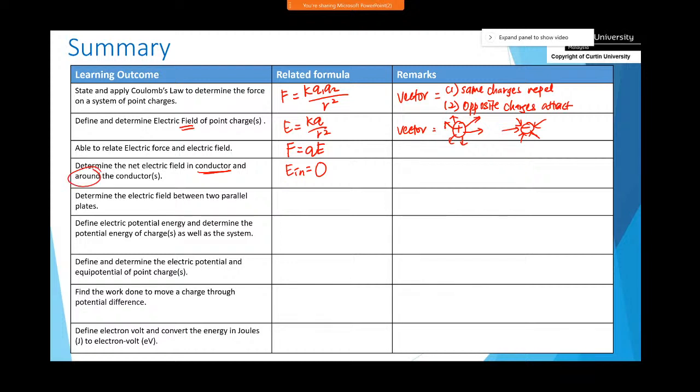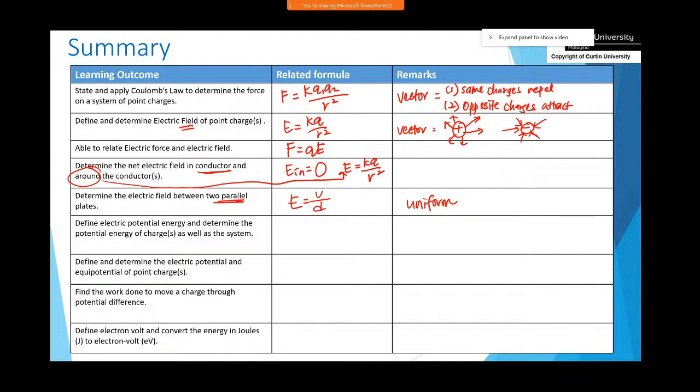But if it is around the conductor, then this equals kQ over r squared. The electric field between two parallel plates is equal to volts per distance, and it is uniform in the whole area.